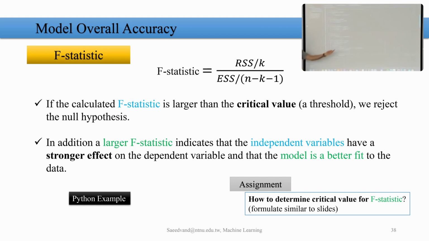This number of samples can be the length of the Y, subtracted by 2. Then calculate the 2 parts, and finally calculate MSR over MSE over the variable that I have. Exactly the same equation with some naming differences.